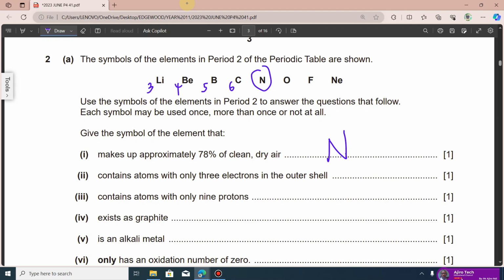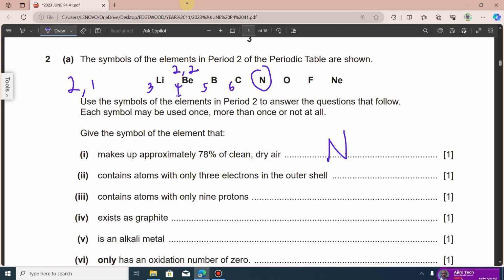So if we begin with lithium, electronic configuration, the first shell can contain a maximum of 2 electrons. So we are left with one more, so it has 1 valence electron. If we do for beryllium, in this case, beryllium has a maximum of 2 in the first shell, and to balance it with the proton number, we add the second 2 in the second shell. So it has 2 valence electrons, or 2 electrons in the outer shell.